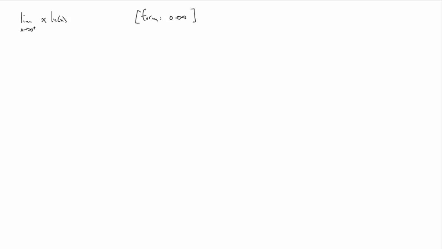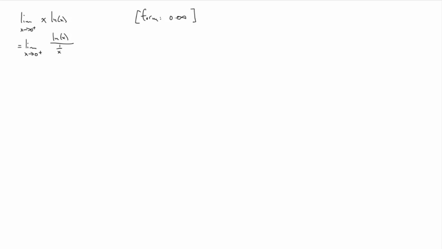0 times anything should be 0, but multiply something by infinity, of course it should get big, and so who knows what happens. And the trick for a problem like this is to do some algebra to rewrite the expression either in the form infinity over infinity or 0 over 0. For example here, dividing by 1 over x, same thing as multiplying by x over 1, or just x.